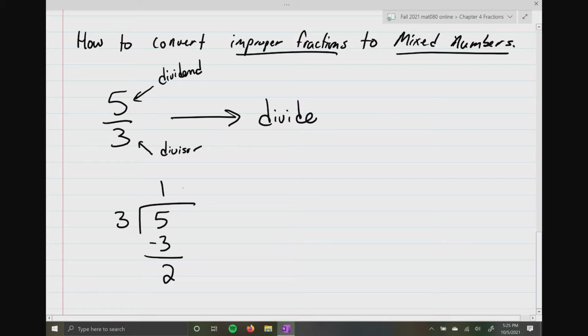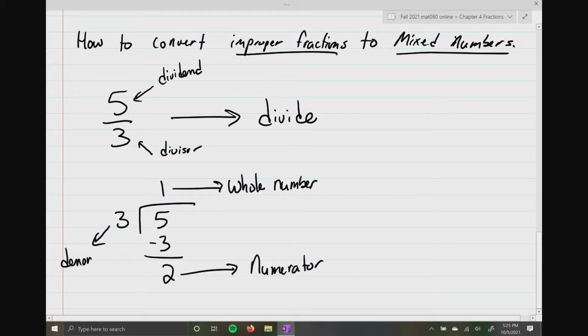That was chapter 1. But now that we're learning about fractions, we can actually write the proper answer for this. So the quotient is going to be our whole number. The remainder is our numerator. And then the divisor out front is our denominator.